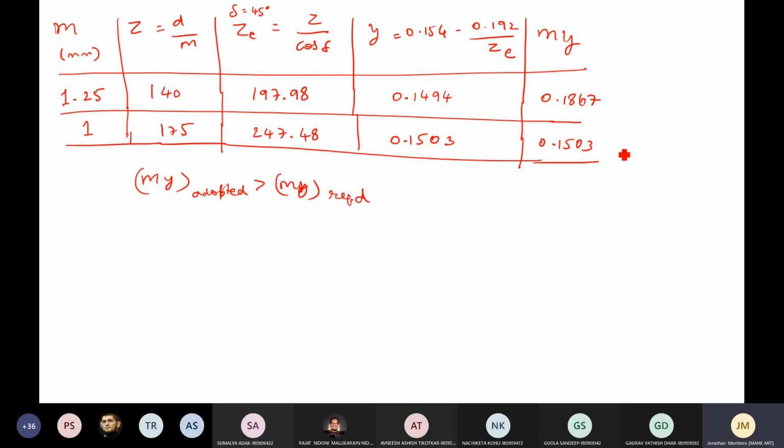This is quite high when compared to the required value of 0.1283, but still, this is the last of the modules that we can use, that is module 1. So the module is 1 mm to be set.